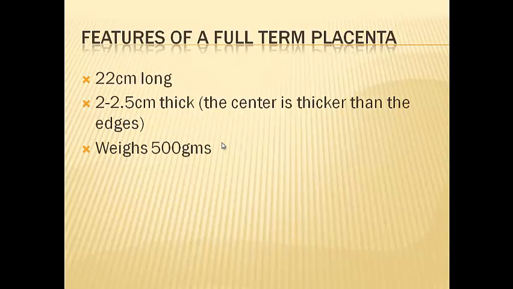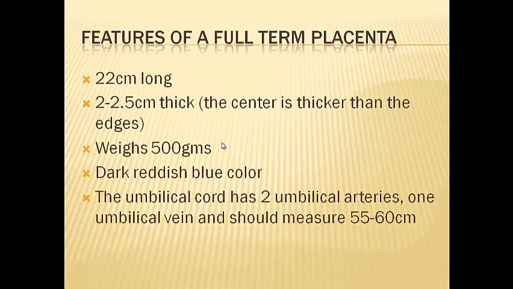It weighs about 500 grams, and it usually has a dark reddish blue color. And you have the umbilical cord connected to the placenta with 2 umbilical arteries, 1 umbilical vein, and usually the umbilical cord should measure 55 to 60 centimeters if it is normal.